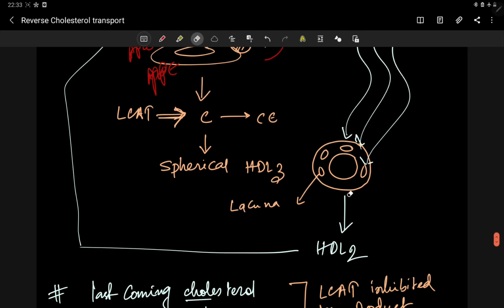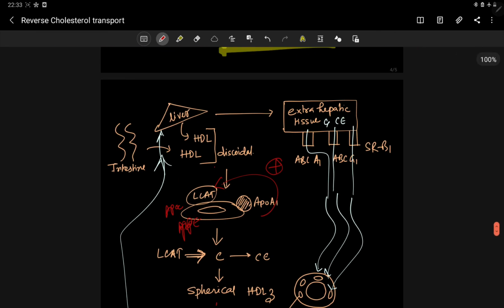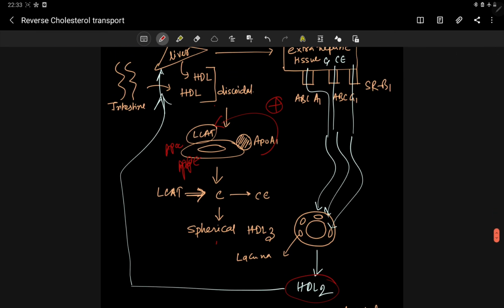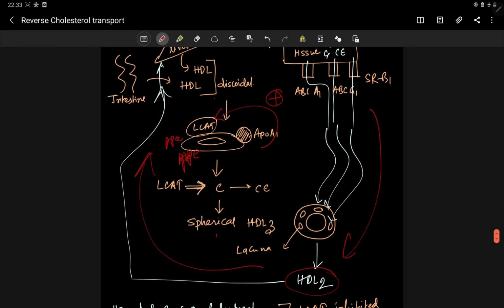Now this is converted into HDL2, and this spherical HDL2 gives back the cholesterol, or mobilizes the cholesterol, to the liver. So this is the normal cholesterol transport, and this pathway is the reverse cholesterol transport. I think this is clear for you.